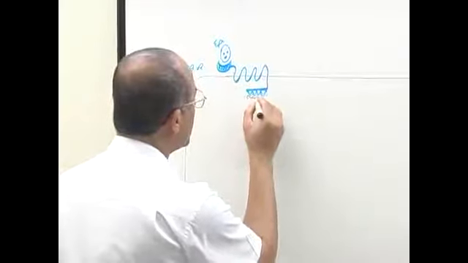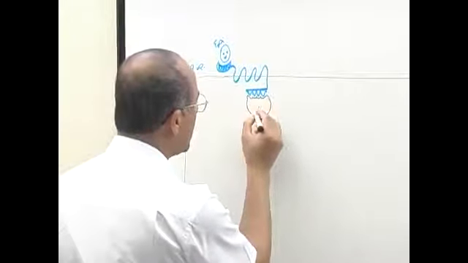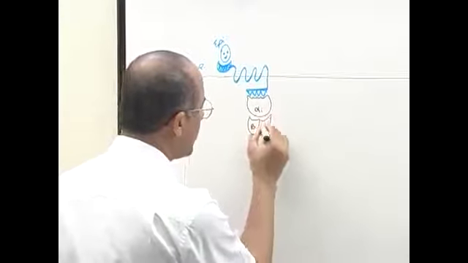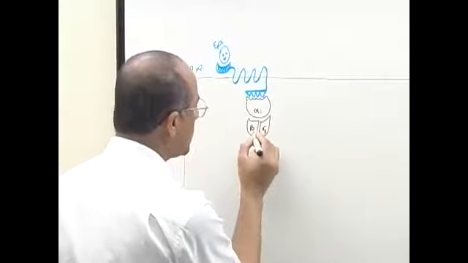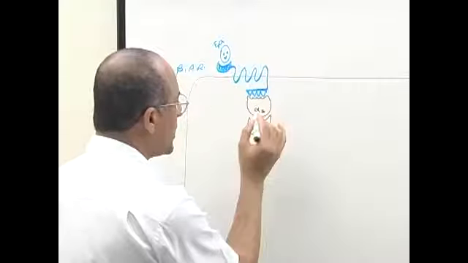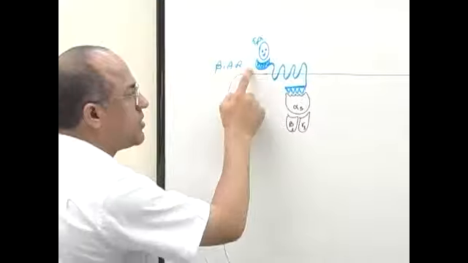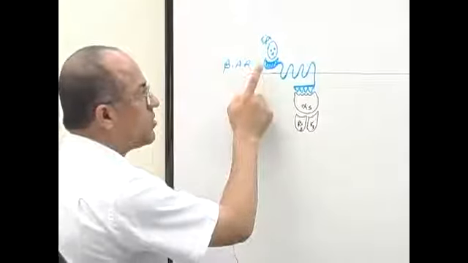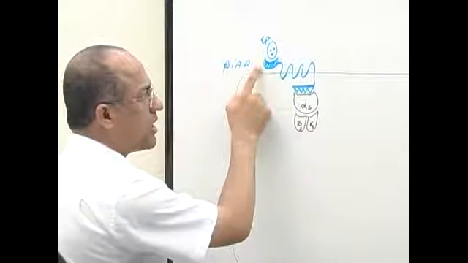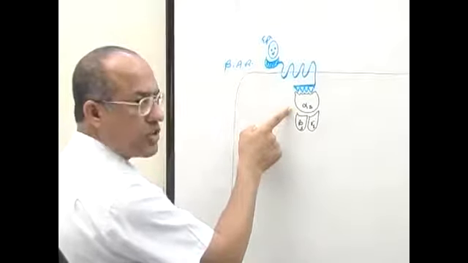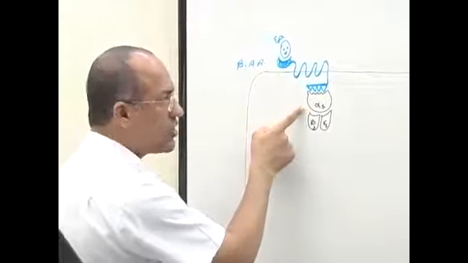So let's suppose this is the alpha component of G stimulatory, and this is beta and gamma. When epinephrine binds with the beta 1 adrenergic receptor, it intracellularly stimulates the G stimulatory. Which component of the G stimulatory?